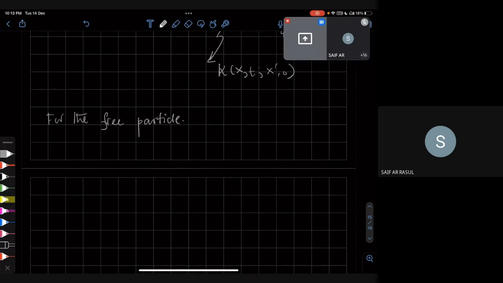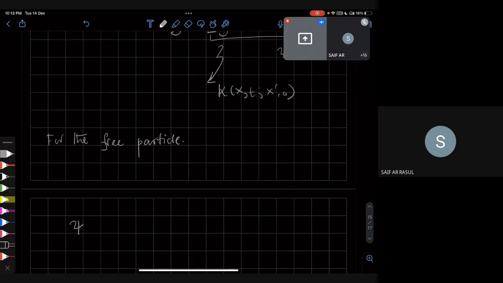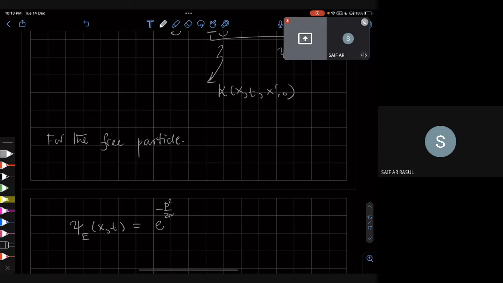We know that if psi is an eigenfunction, then psi of x of t is going to be e to the power minus p squared by 2m, i by h bar t, times psi of x of 0.